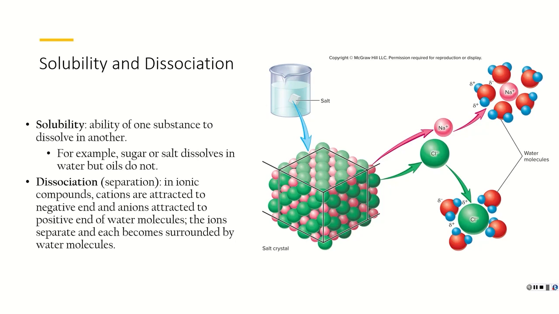So think of like table salt in water, sugar in water, right? Those ions can dissolve and become part of the water, releasing their atoms into the water, right, as the figure shows. But we know from hopefully firsthand experience, oils do not dissolve into water.